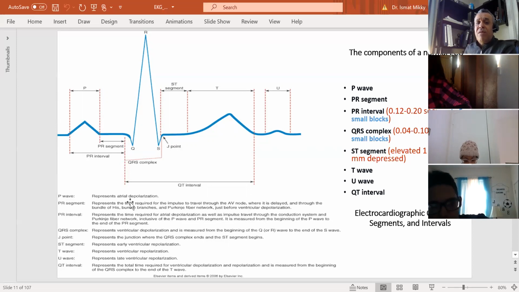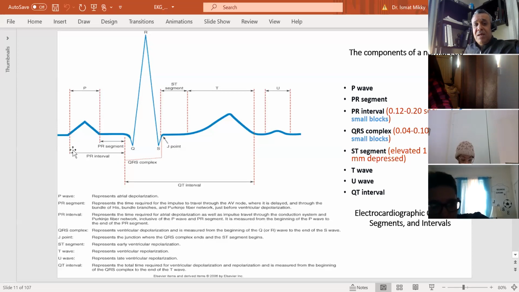That gives the atria time to fill with blood: the right atrium gets blood from the superior and inferior vena cava, and the left atrium drains blood from the pulmonary veins.